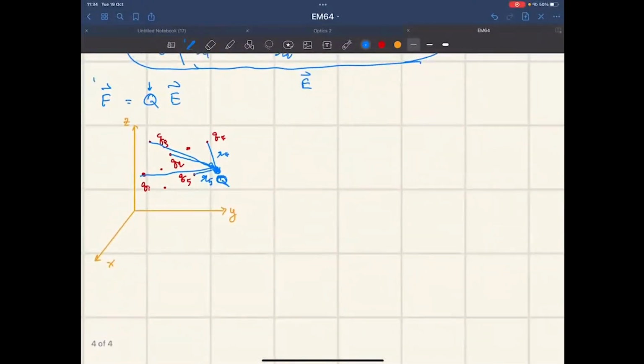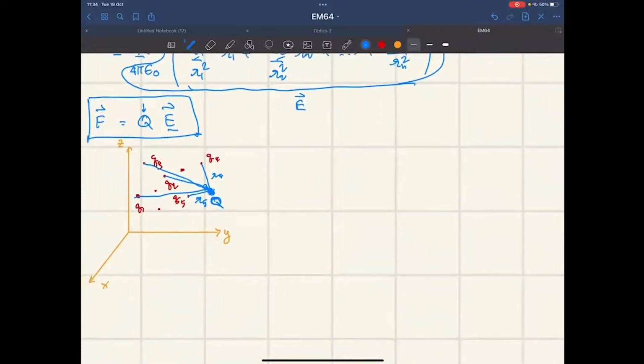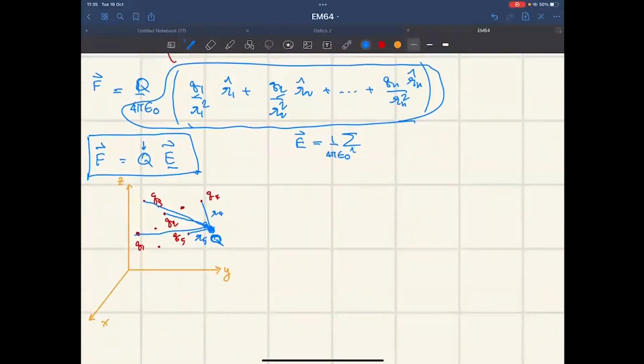So we can write down the force as the summation of the field from each charge multiplied by Q. From here, E can be written as 1/4 pi epsilon naught, summation over i, Qi divided by Ri squared, Ri. This thing is the E field, where i goes from 1 to n.